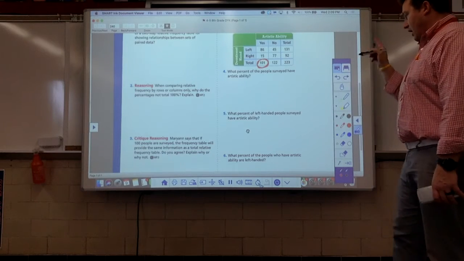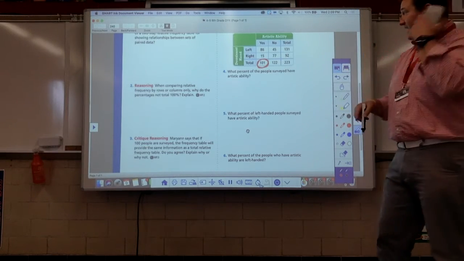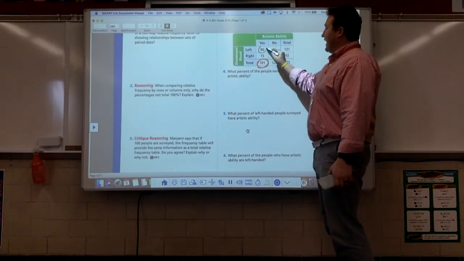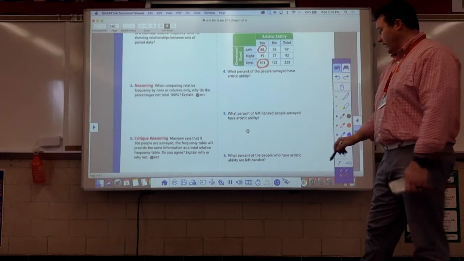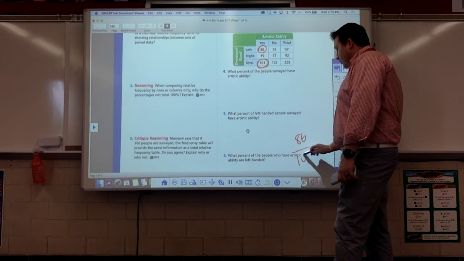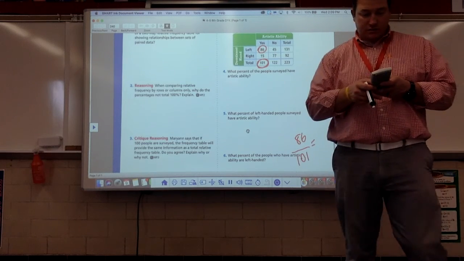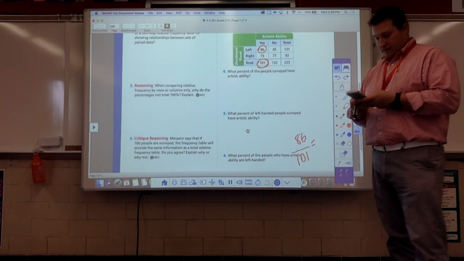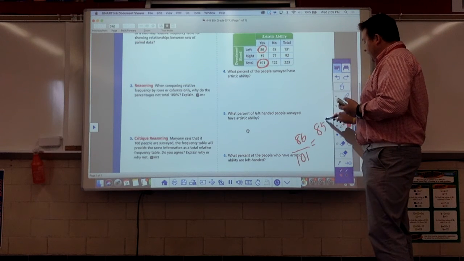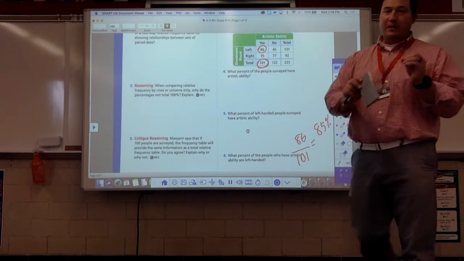Now, find my left-handed number. I got it right here. 86. There's your part. There's your whole. I'm assuming this is going to be 86%? 85? Yeah, 85%. There we go. 85%.